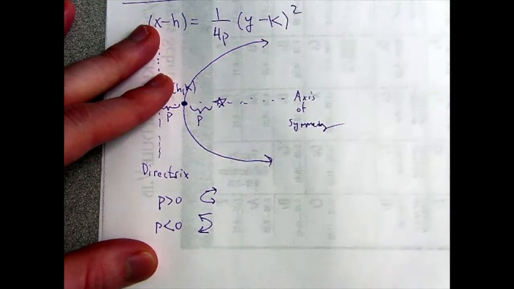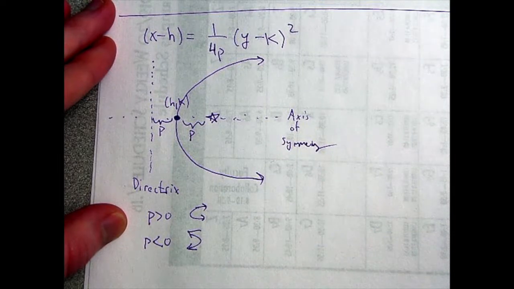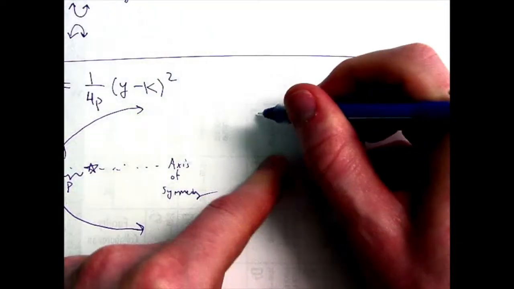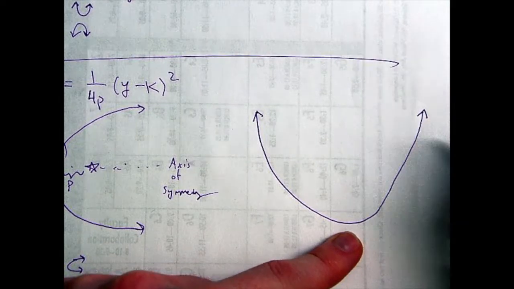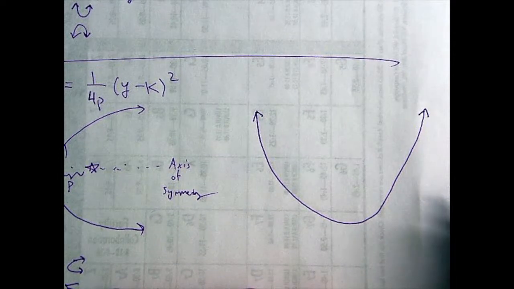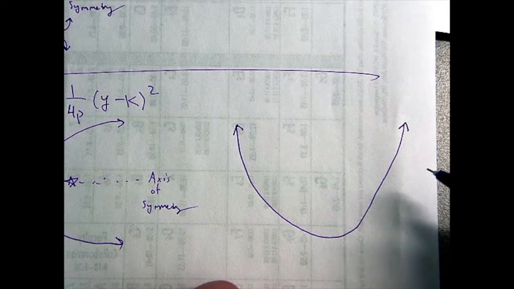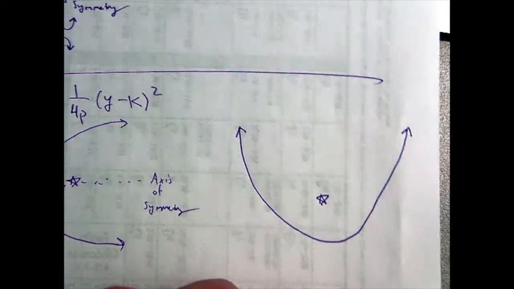I just want to say something cool about these things before I do some examples. A really interesting geometric feature of parabolas, and I know how to prove this using calculus. I don't know if it can be proved without calculus, probably, but you'll just have to take my word for it. If you have a parabola, let's say that the focus is right here.